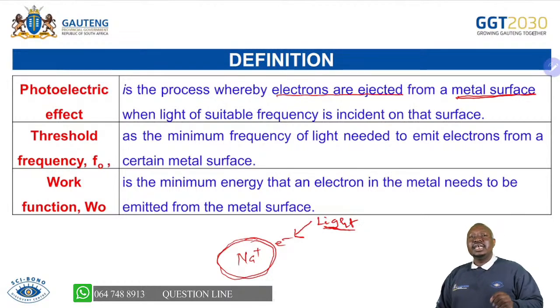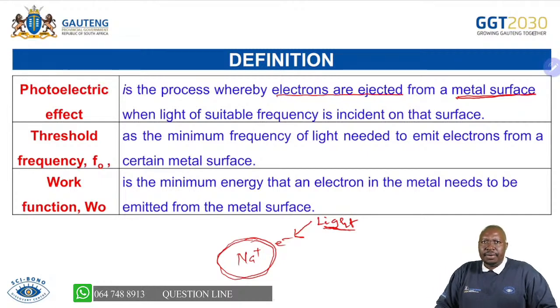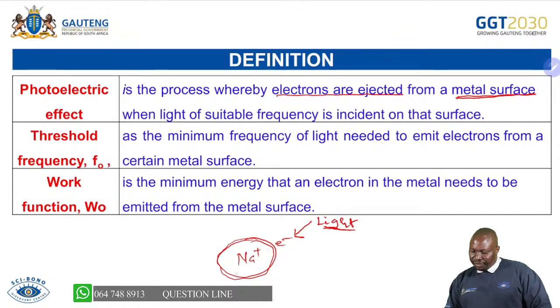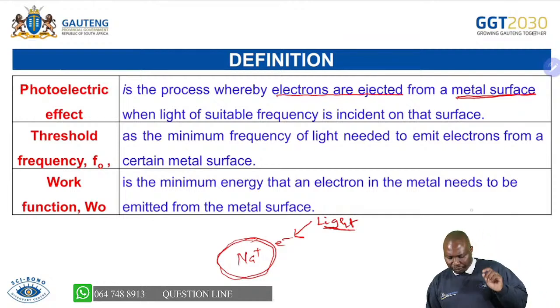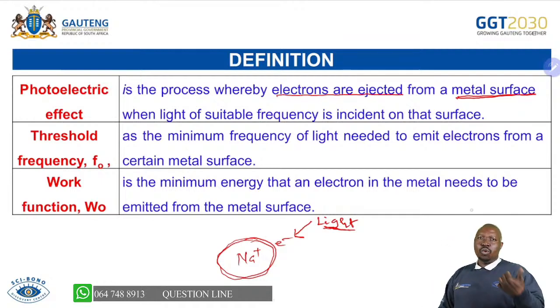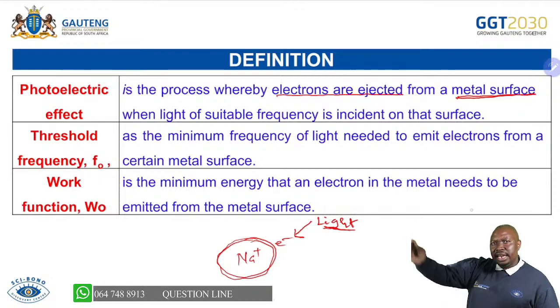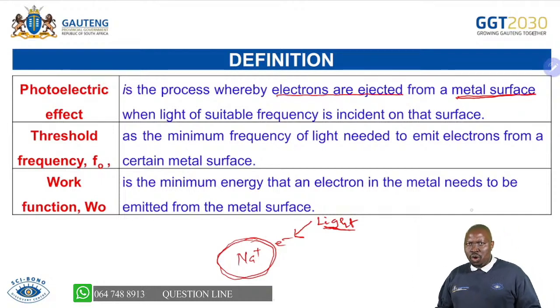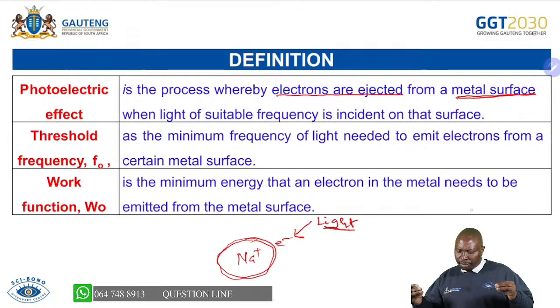The most important thing is that it's not any light that you shine onto electrons to remove them. It's only light of suitable frequency. When the light is incident on the surface of a metal, the electrons will be removed, and we call that the photoelectric effect. Does any light remove electrons? No, only light of suitable frequency, according to this definition.